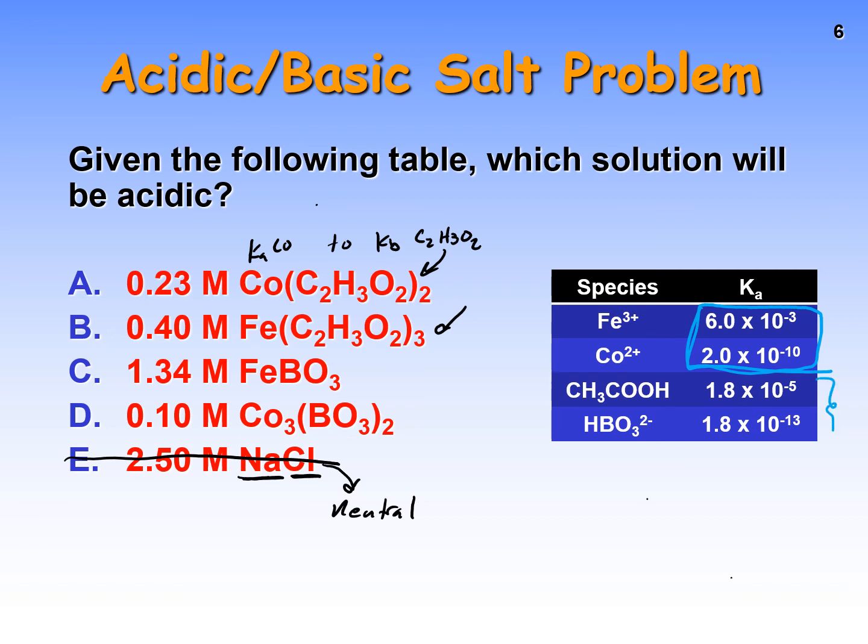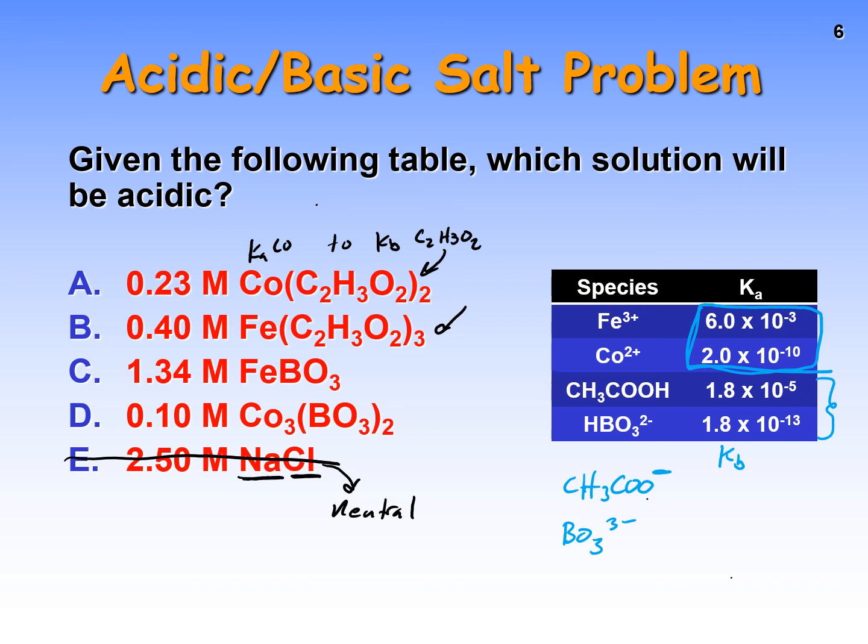These two, if we look at them, they're the conjugate acid of the base that I need the Kb of. So I just need to recalculate these as Kb values. So the Kb values of COO minus and BO3 3 minus, I need these two values.